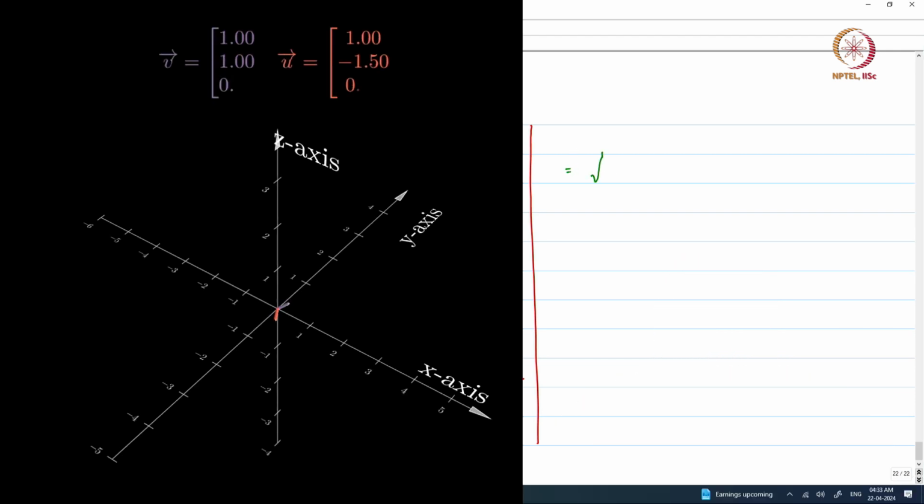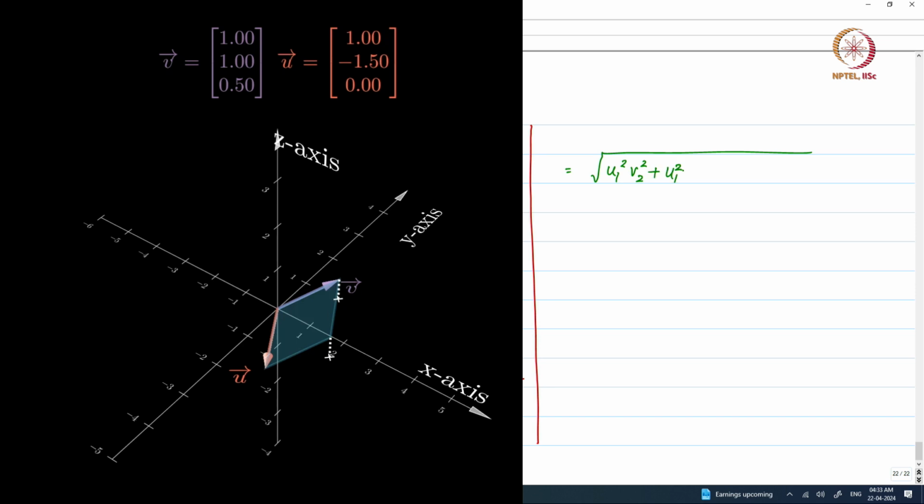We are going to get u1 square v2 square plus u1 square v3 square plus u2 square v1 square plus u2 square v3 square plus u3 square v1 square plus u3 square v2 square minus 2 u1 v1 u2 v2 minus 2 u1 v1 u3 v3 minus 2 u2 v2 u3 v3.